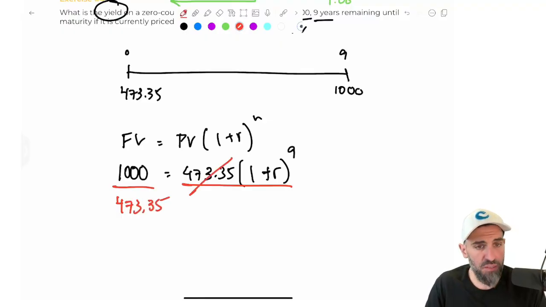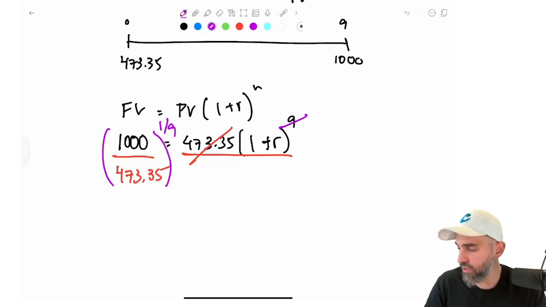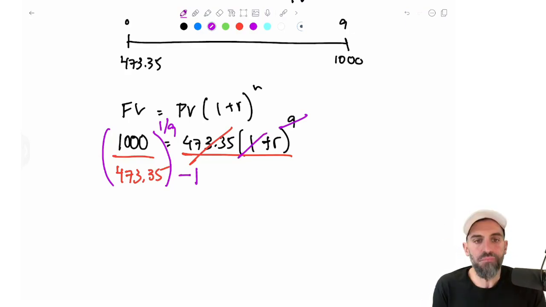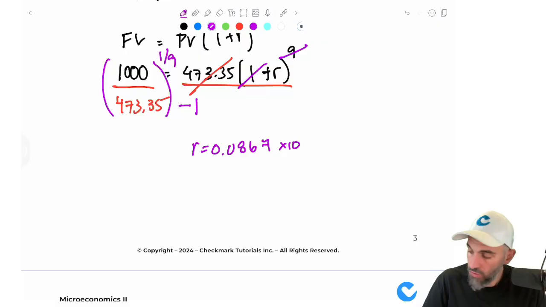That would get rid of that. Then put this side to the power 1 over 9 to get rid of the exponent. And then subtract 1 to get rid of that. So when you punch that all into your calculator, you get a rate of about 0.0867. So if you multiply that by 100, it'd be 8.67%.